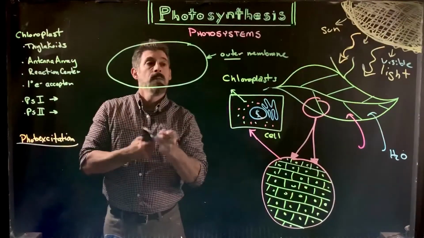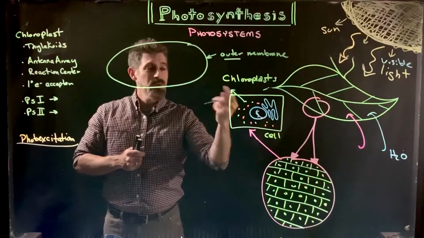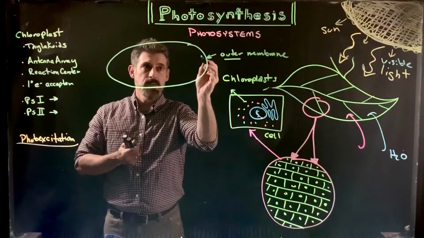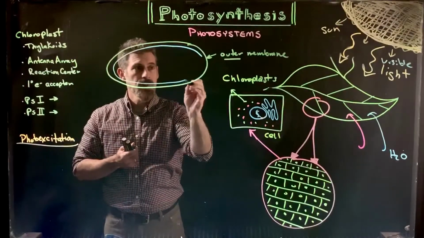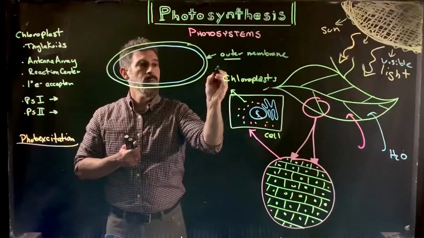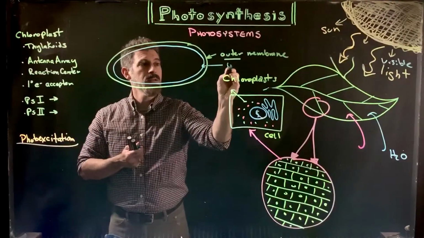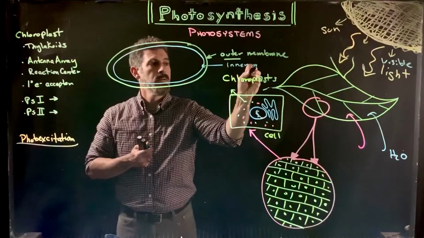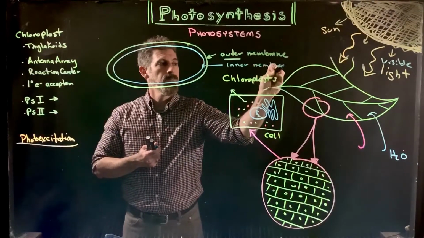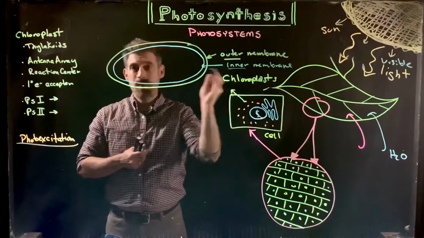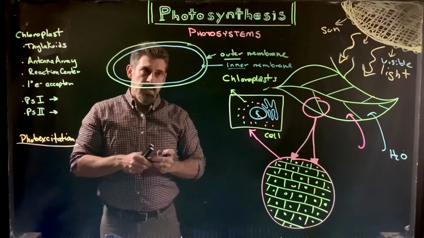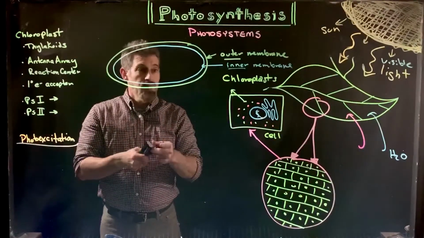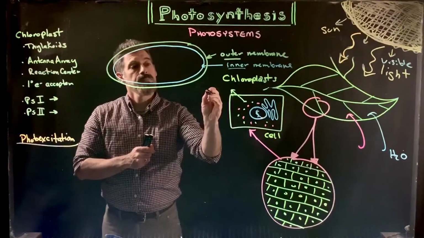Now, beyond that, remember mitochondria, they have two membranes. So chloroplasts are going to have at least two, and we're going to get into that. They're going to have a second membrane that we would refer to simply as the inner membrane. Okay, so an outer membrane, inner membrane. For mitochondria, that's all there is, the two membranes. They're going to create two spaces at this point.